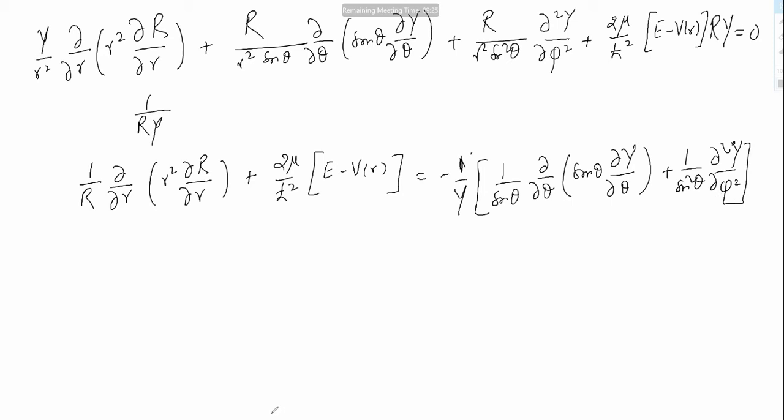That is all. Therefore, we have one part which is purely dependent upon r and the other part which is purely dependent upon theta and phi. And if these two are equal, then we argue that this must be equal to a separation constant.